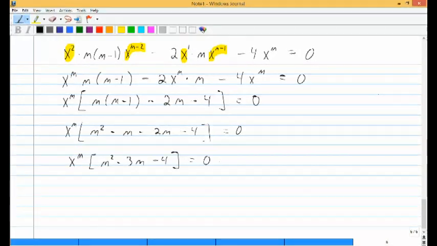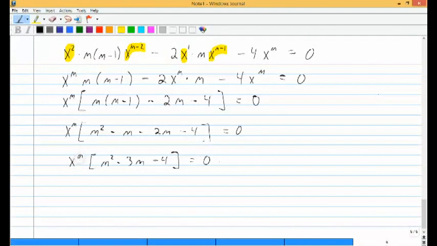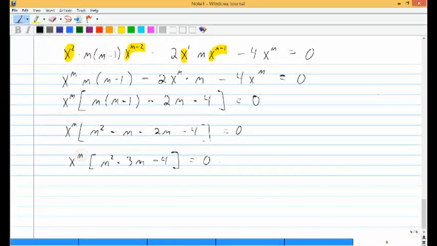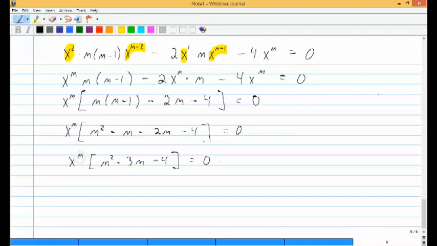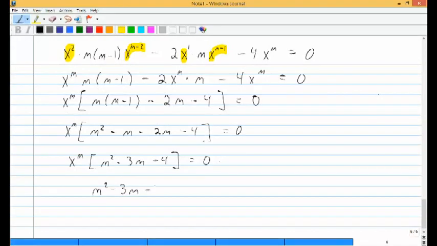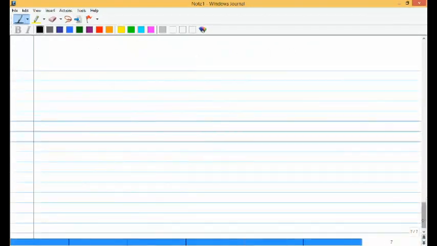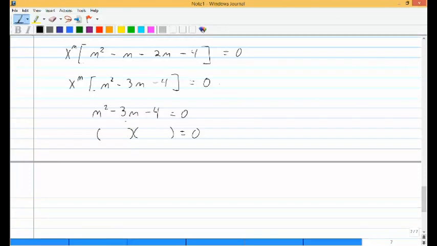Now x to the m will never be equal to 0. There's not a power that I could raise this to and make it 0. It could approach 0, but there's not a power that I could raise that to make that 0. So that means that, hey look, I have an auxiliary equation. And if it factors, which I hope it does, then we're going to be able to easily solve for m.